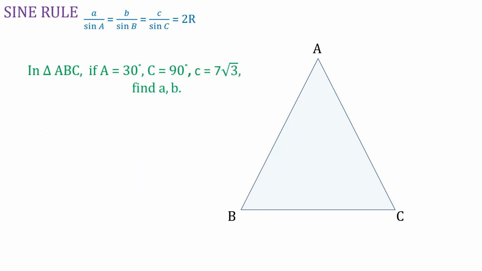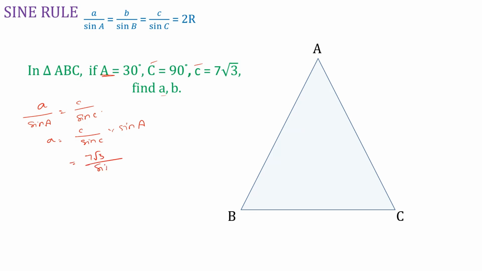Coming to the next case, when we have two angles and a side, how do we find the sides? Again, we will consider the same thing, that is a upon sine A is equal to, here they have given c, so we'll take c upon sine C. Capital A is nothing but the angle, so small a is equal to c upon sine C into sine A. So c is here 7 root 3.